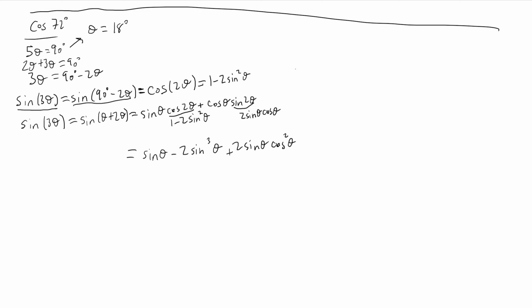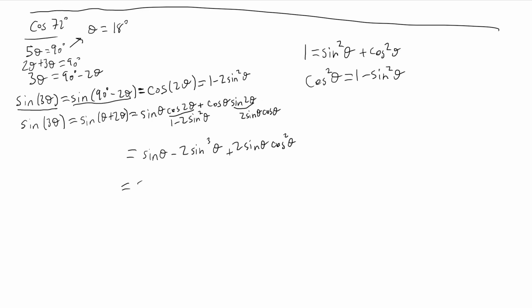But using the Pythagorean identity, we have that 1 equals sine squared theta plus cosine squared theta. So cosine squared theta is 1 minus sine squared theta.